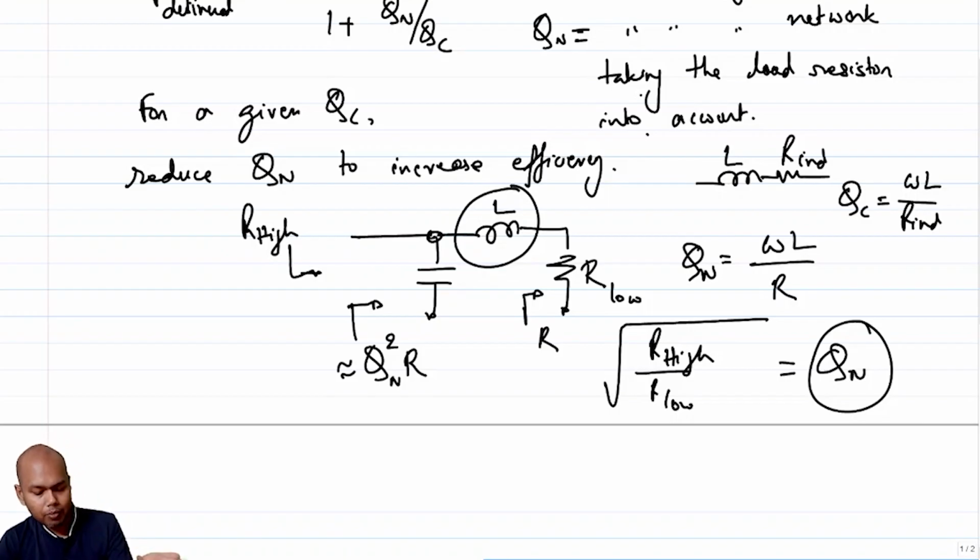So that might or might not be useful, but at least as a designer, when we are faced with these type of constraints, we have to look for architectures which can help us break this trade-off. It looks like the moment you set your R high to R low ratio, you are setting the Qn, and naturally you are setting the loss, right? So we would like to break this trade-off, right?